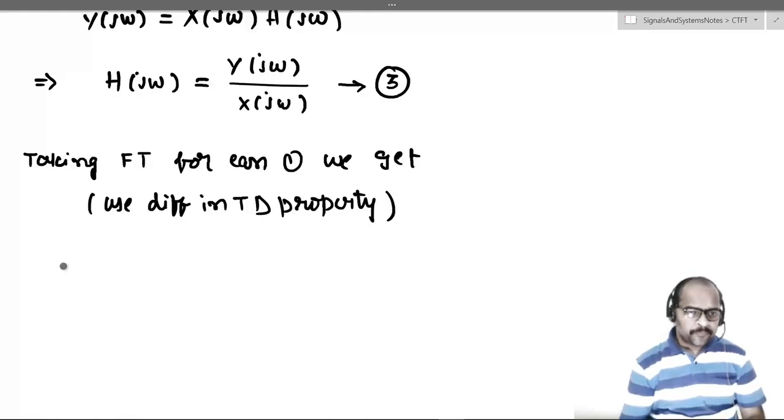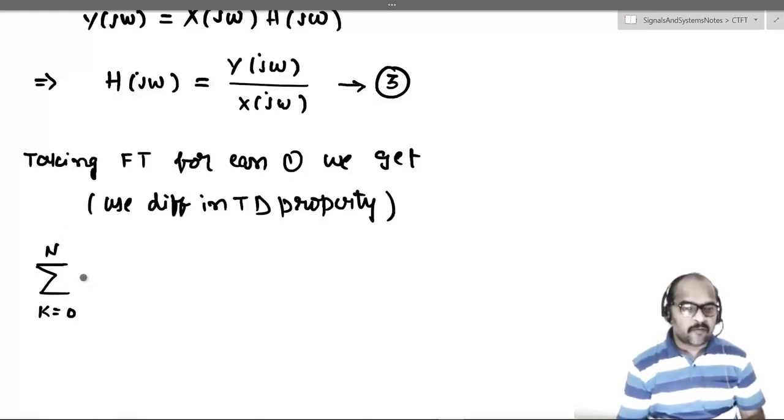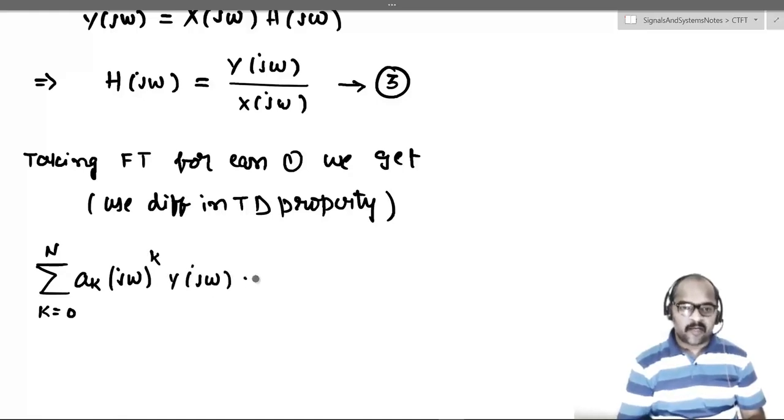So you get summation k equal to 0 to n a_k (j omega)^k Y(j omega), which is equal to summation l equal to 0 to m b_l (j omega)^l X(j omega).